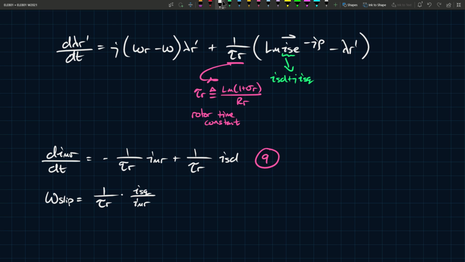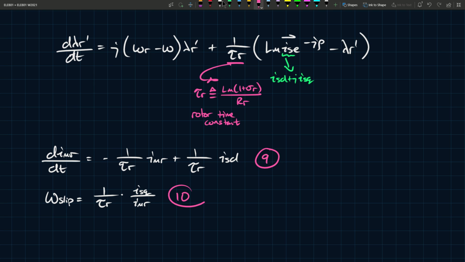You supply a certain frequency and it rotates in space at a fixed rate, but the machine flux is not able to perfectly follow that. The difference between the supply and the rotor flux is what this slip describes. It's usually small, but it's there nonetheless.